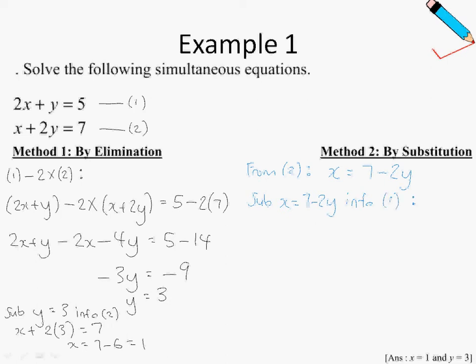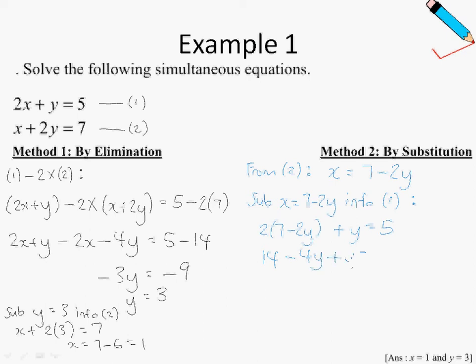What's happening over here? 2 times x, so x is 7 minus 2y, plus y is equal to 5. If you take a look at this equation very carefully, you realize that there is no more x component. We're just left with the y's, so it's easy to solve now. So 2 times 7 gives me this.